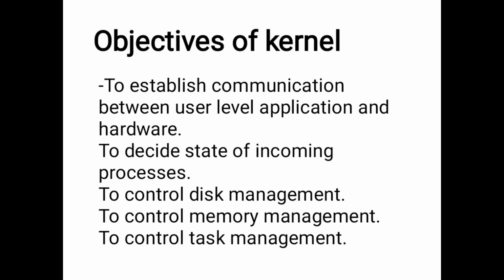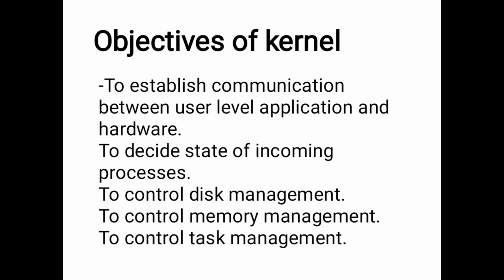Now comes the objectives of kernel. So what does a kernel do in operating system? It establishes communication between user level application and hardware. When any user gives a command in the computer, it is processed by the kernel. Also it decides the states of incoming processes.